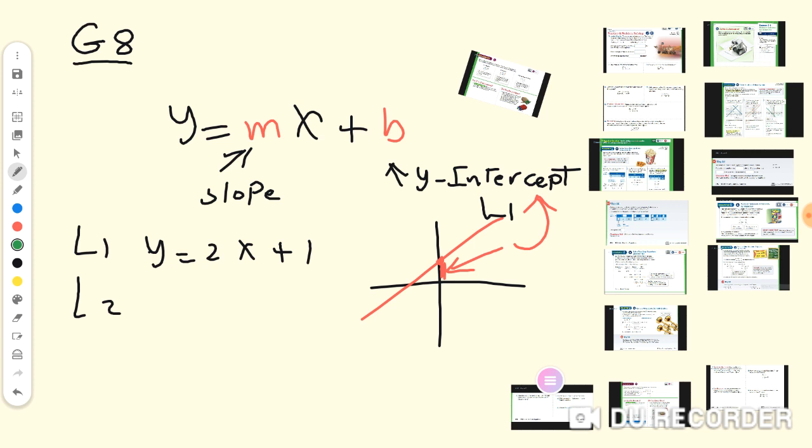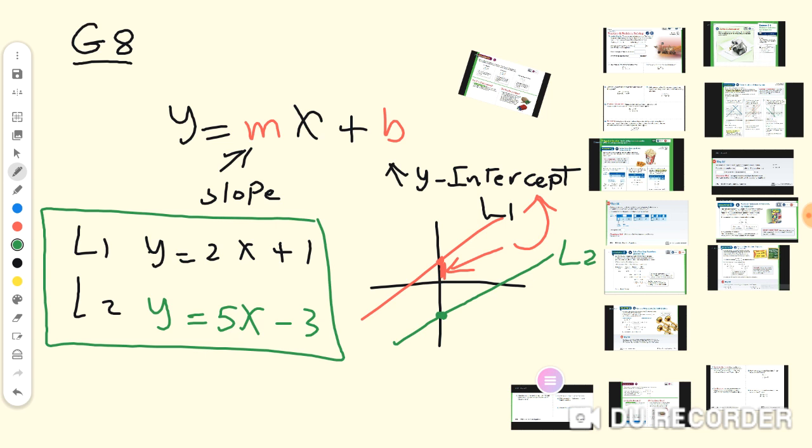And line 2, the green one, L2, is maybe y equals 5x minus 3, because it cuts the y-axis in the negative part. These two equations are called a system of linear equations.